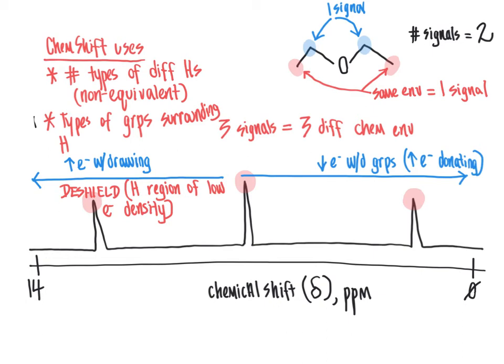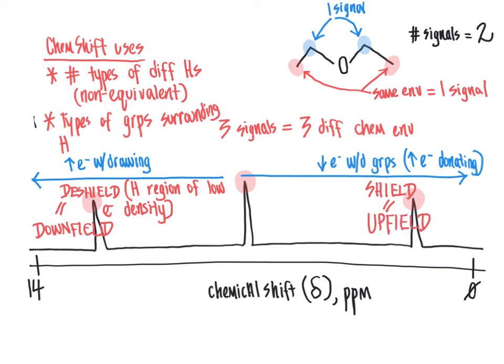The other term we use to describe protons that are de-shielded is we describe them as being downfield in the proton NMR spectrum. On the flip side, in regions of high electron density where there are electron donating groups nearby, we describe those protons as being shielded, and shielded protons are what we refer to as being upfield.